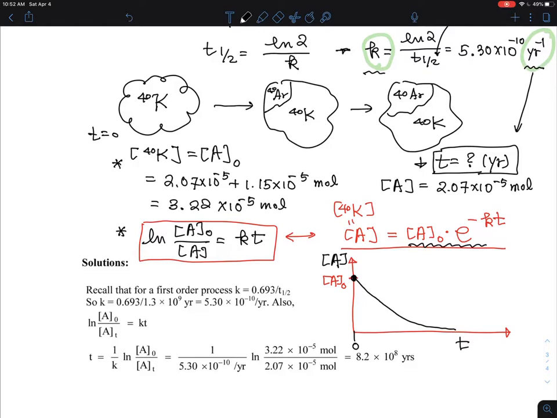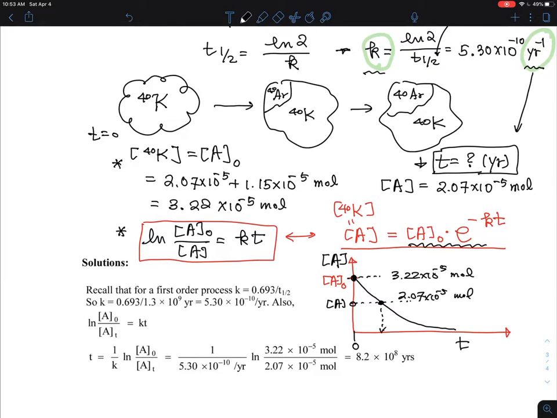So it's called exponential decay, and the problem is asking: the initial one is 3.22 times 10 to the minus 5 mole, and they're asking at what time A at any time corresponds to here, which is 2.07 times 10 to the minus 5 mole.